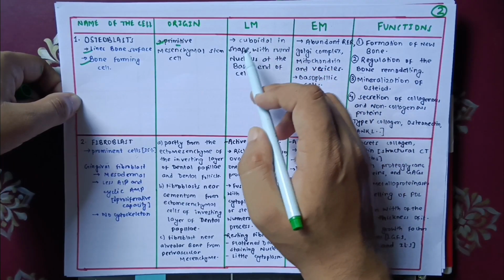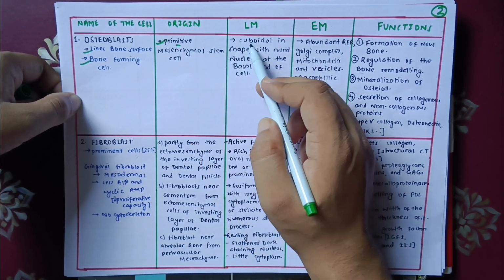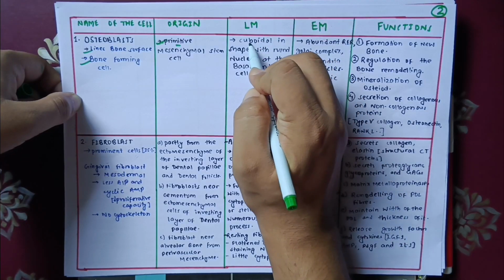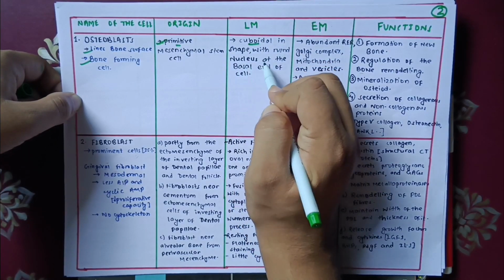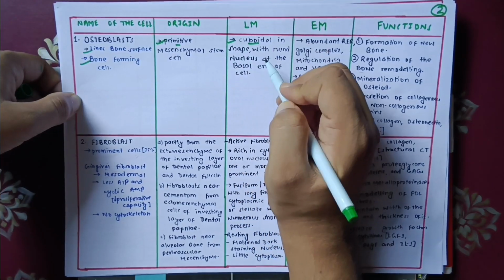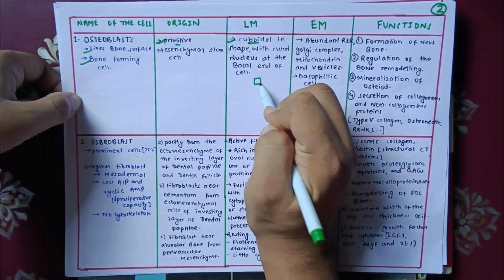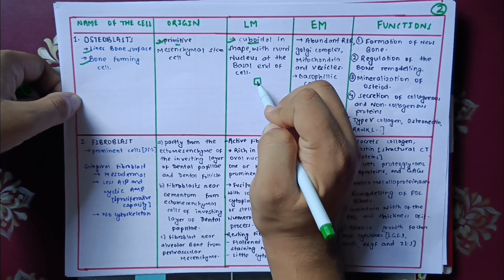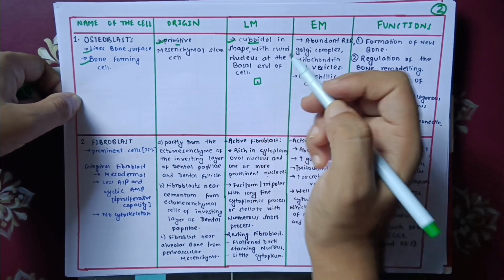In the light microscope, osteoblasts are seen as cuboidal cells, with a round nucleus at the basal end of the cell, at the lower third.